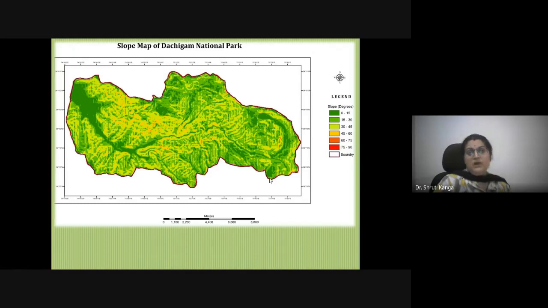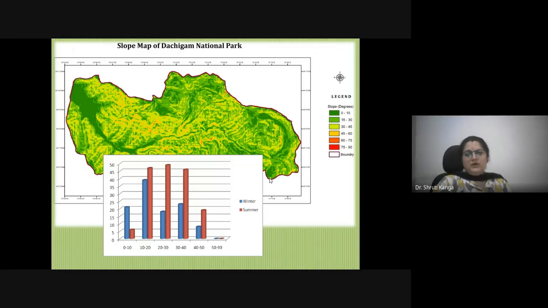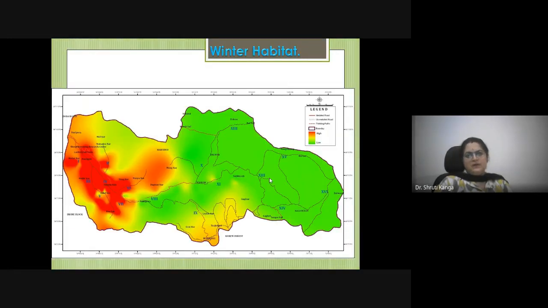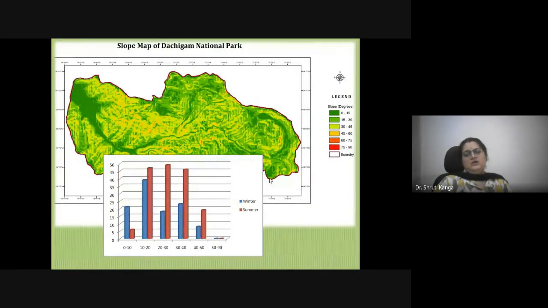So after this is a slope map, where we have a distribution of mixed kind of things. In lower slopes, they have more existence during summers, and in winters, mostly they are on the little bit higher sloping areas. But generally you will find them in normal sloping areas.